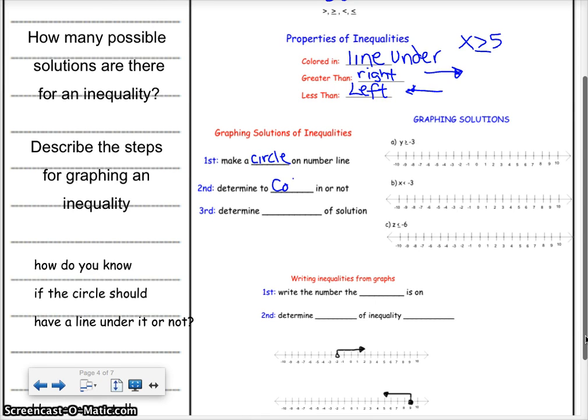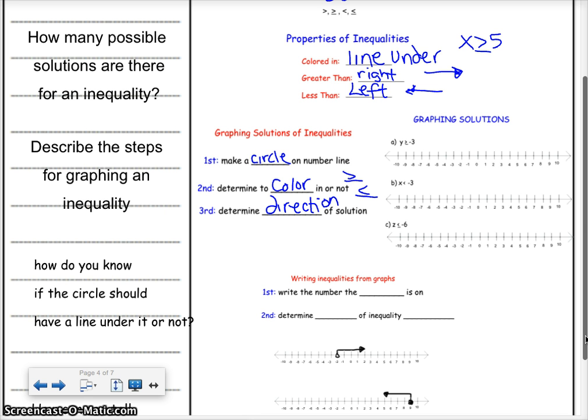Then you have to determine if you're going to color it in or not. Remember, that's the bar under it. The bar under it means fill it in. Like if I had greater than with a bar, it means color that in. Less than with the bar means color that in. And then you determine direction. Left or right. Are you going to go left or are you going to go right?